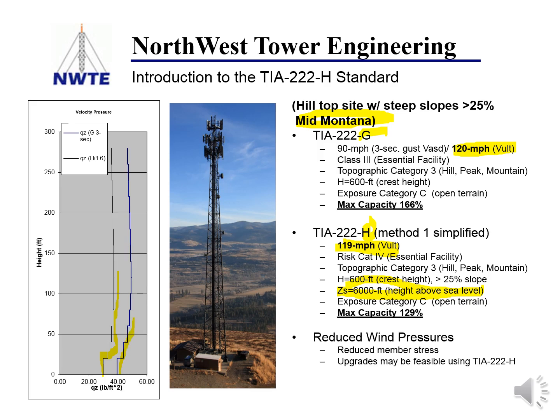So we're starting to see quite some separation between the wind pressures. And that wind pressure has actually dropped off the overstress quite a bit here. So definitely beneficial just from using the height above sea level. So I'm saying here upgrades may be feasible, or they'd certainly be less onerous than using the G standard.